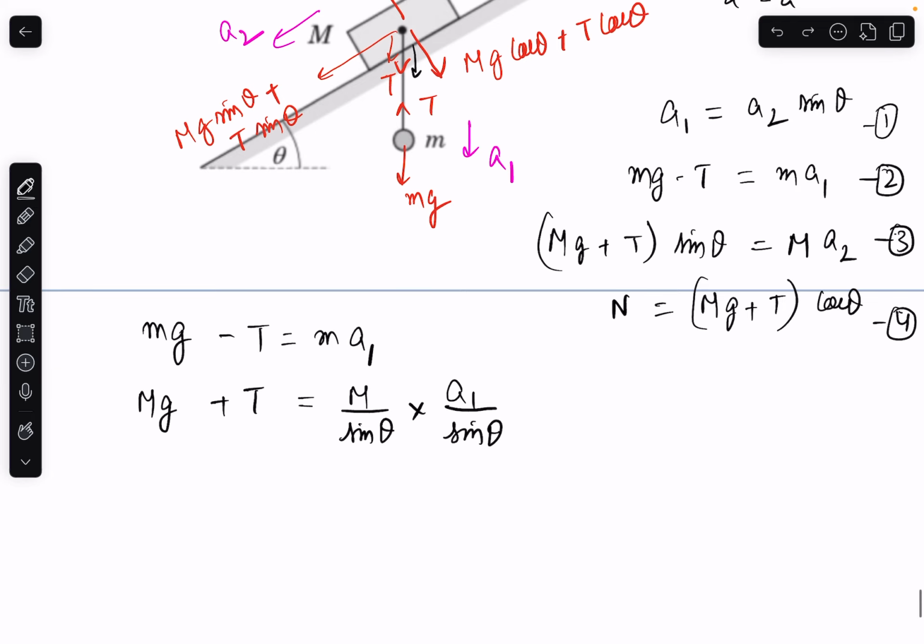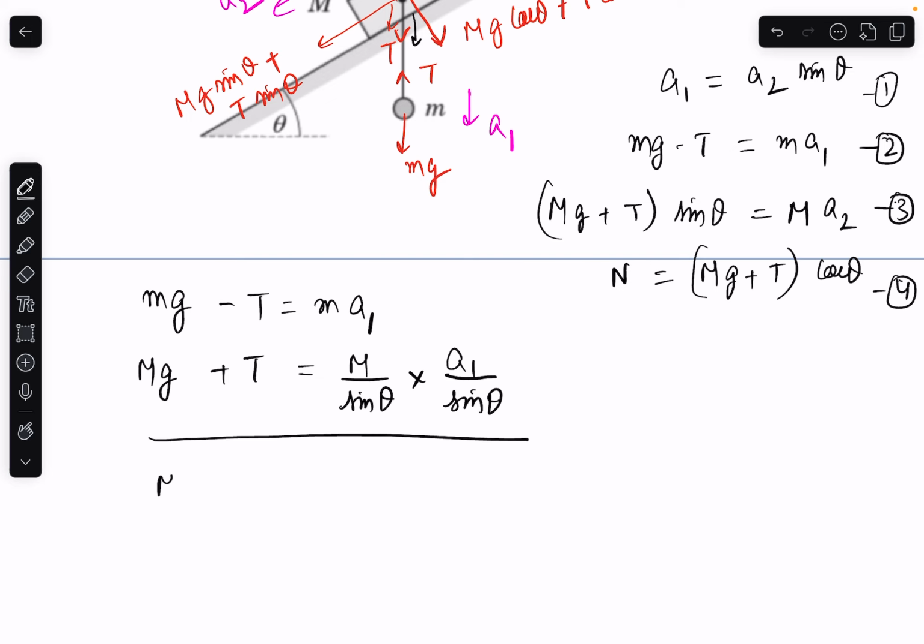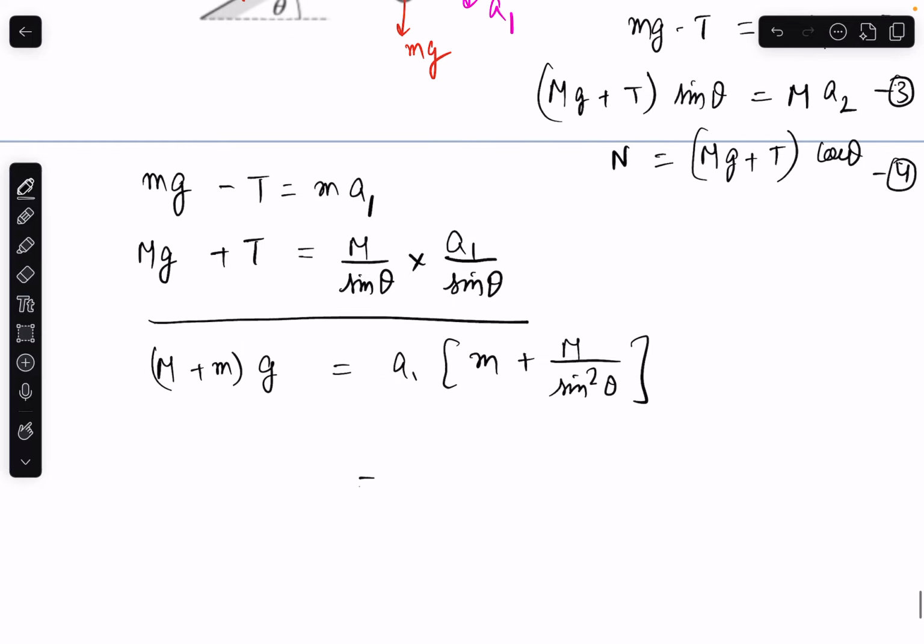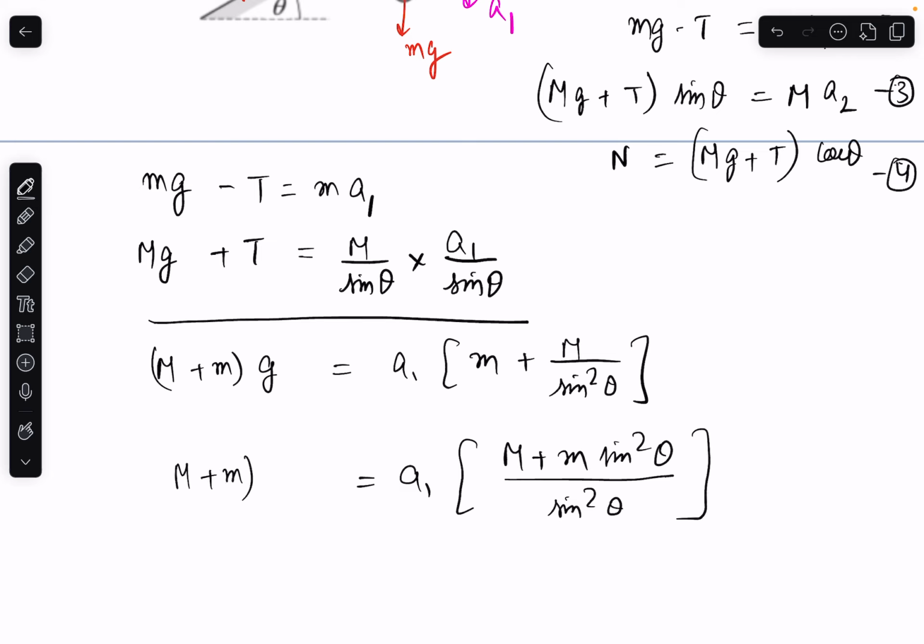So if I add these two equations, T will get cancelled, so (M plus small m) into g, and a1 we can take as common, so small m plus M by sin square theta. And if I take LCM on the right hand side, I get a1 into (capital M plus small m sin square theta) divided by sin square theta, and this value will be equal to (M plus m) into g.